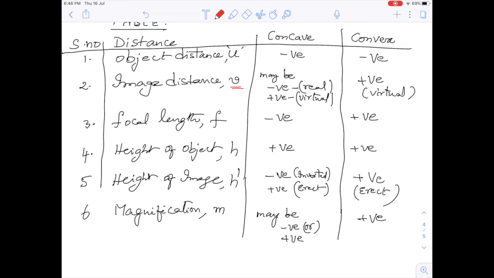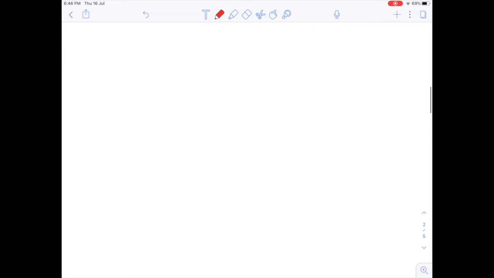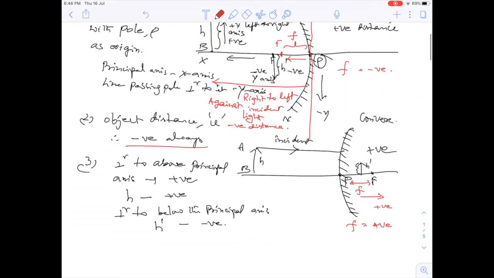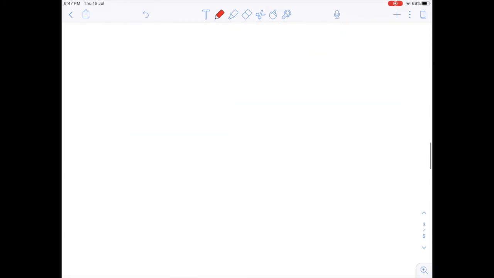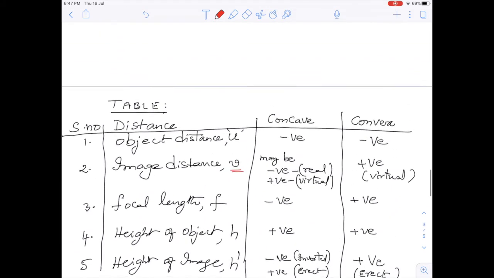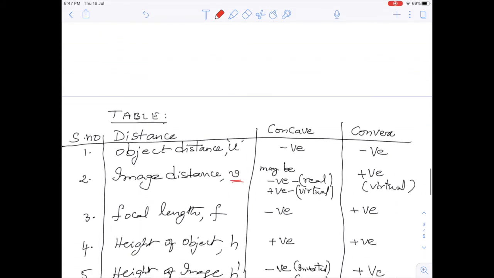Real and inverted means it is below the principal axis, down. So, the distance is negative. Then in the case of convex, it is always virtual and erect. Therefore, image distance is positive.